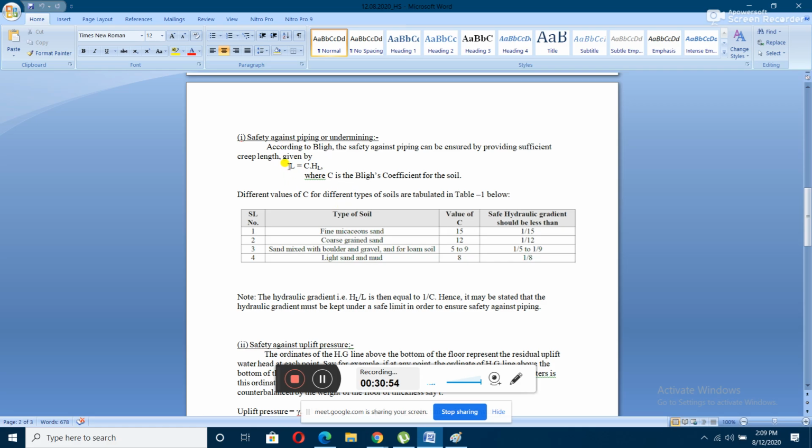Then we can determine the total creep length from C into HL, and provide the floor length accordingly. Has everybody understood? In this way the length of the floor was determined.